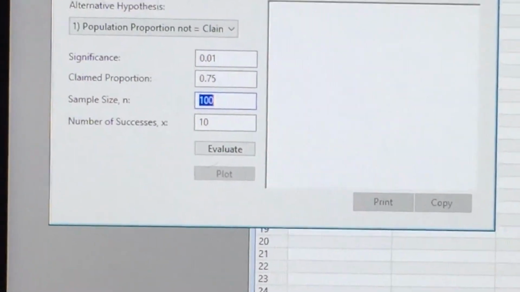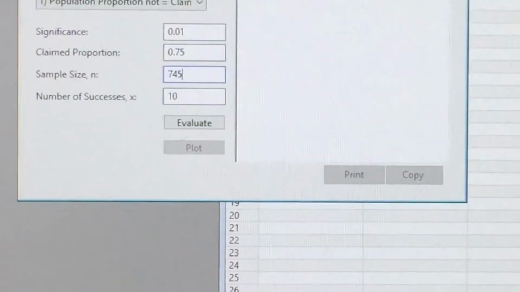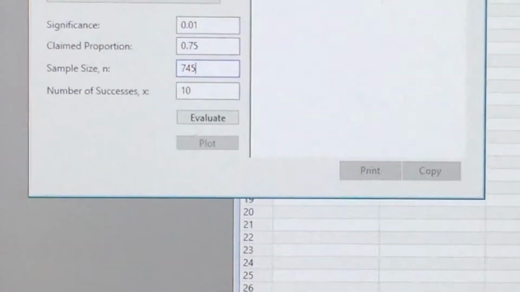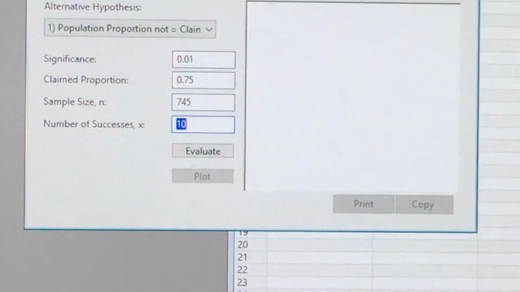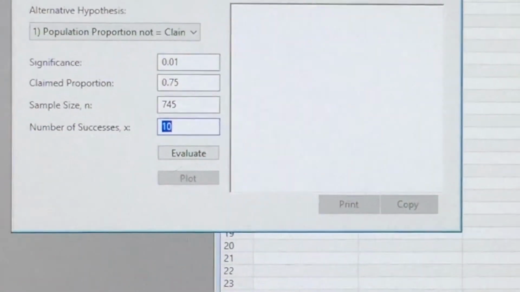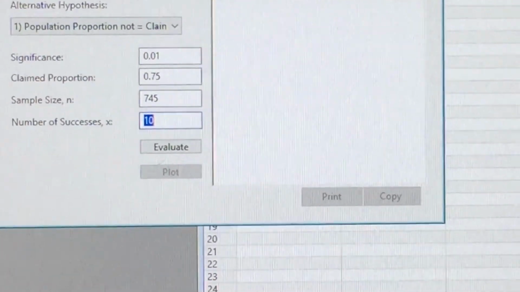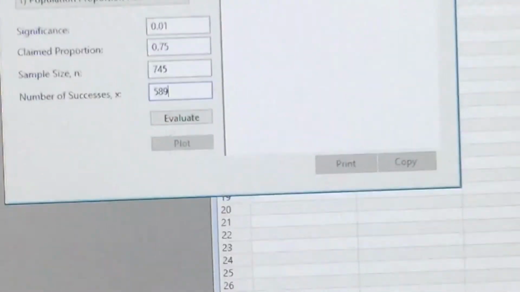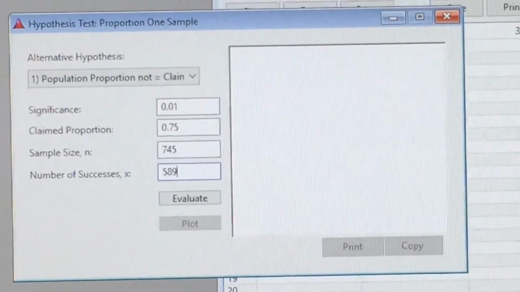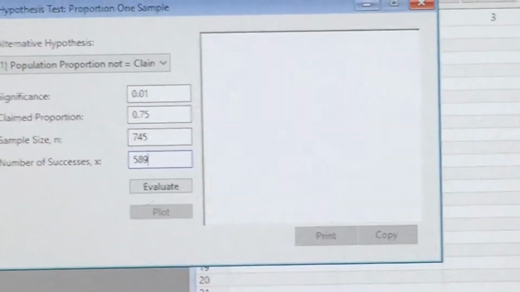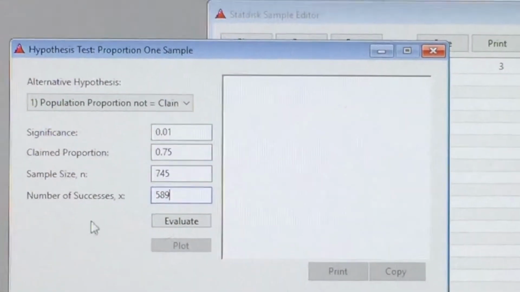We've got a poll of 745 randomly selected adults. So we have to type in 745 as our sample size. And then number of successes. Here we find that 589 said that it is morally wrong to not report all income on tax returns. So we type in 589. And then we're going to click on Evaluate.